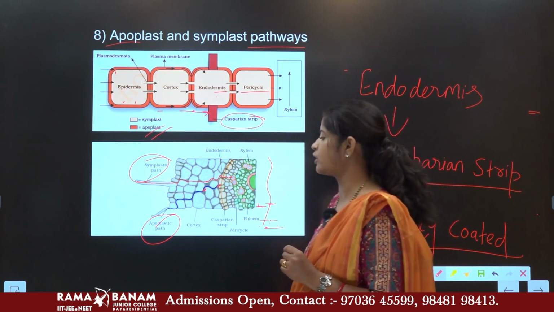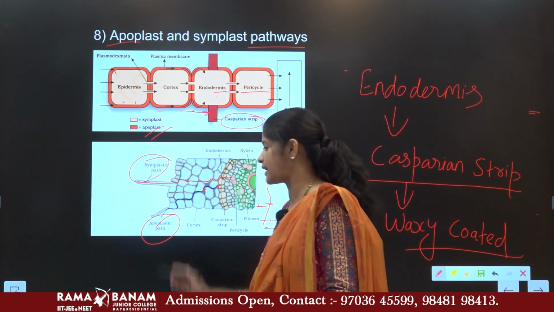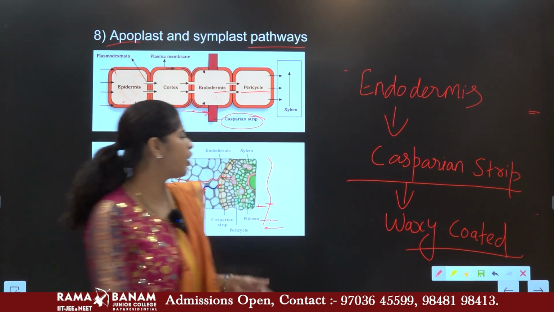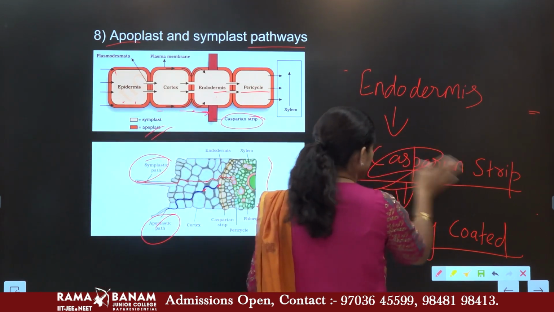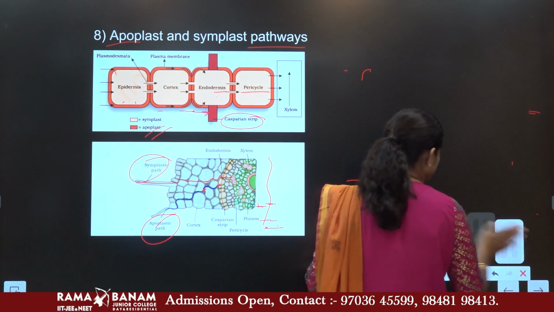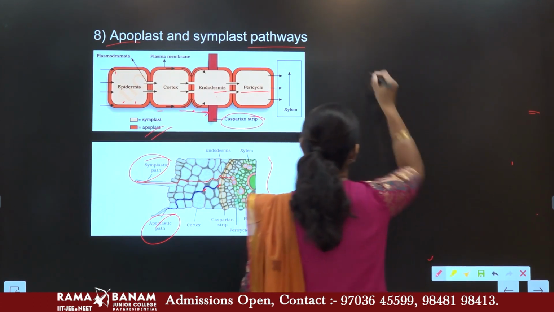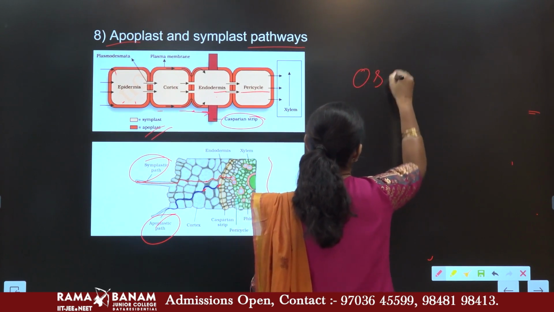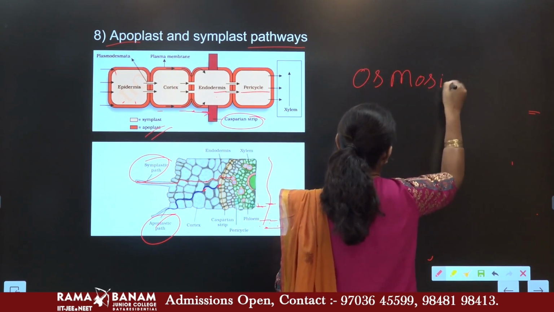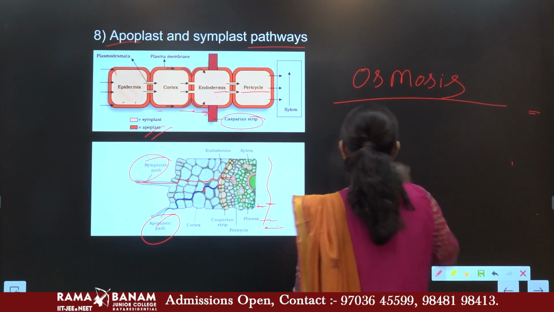So this is about the apoplast and symplast pathways. If we are looking at the movement of water under the apoplast and the symplast, then the movement of water is under which topic? It is under osmosis.